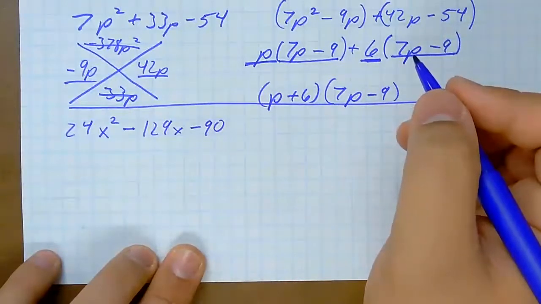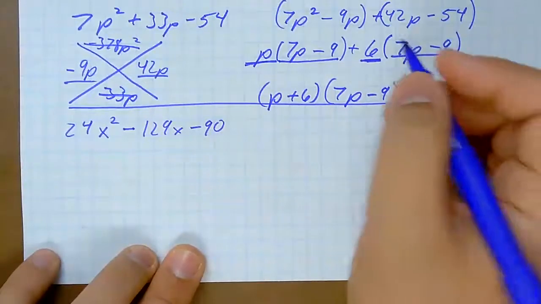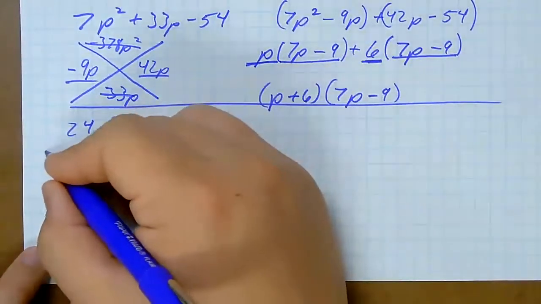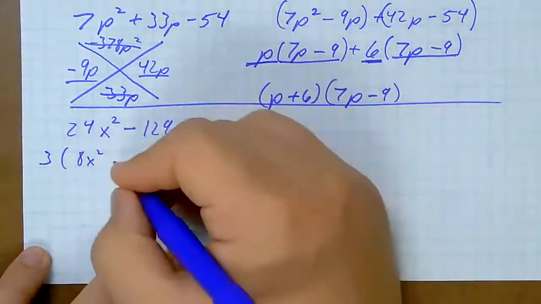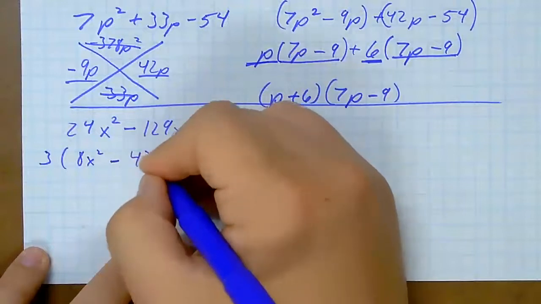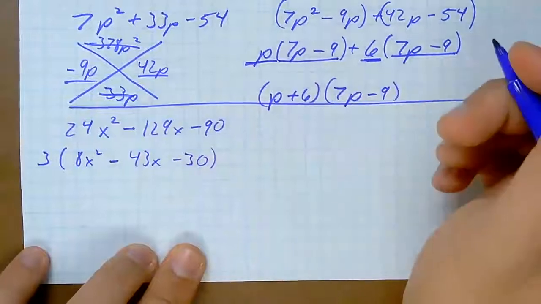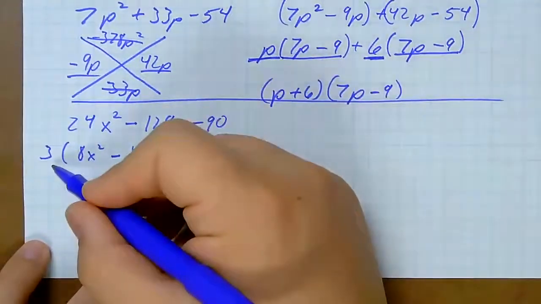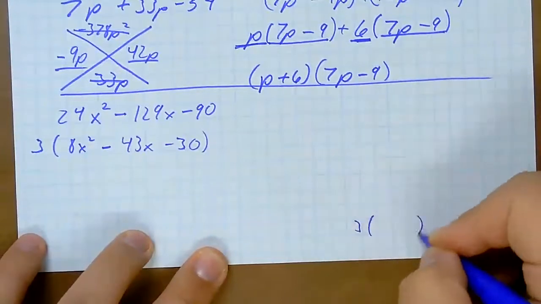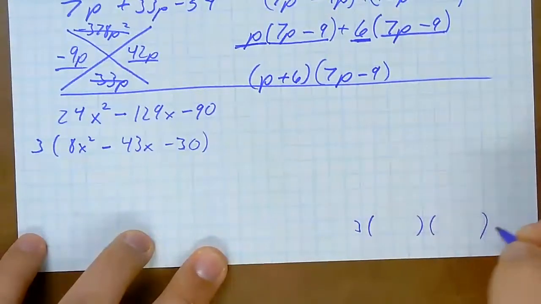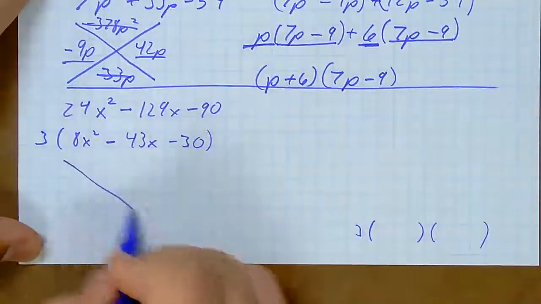Is there a GCF? Yes. 3 goes into all of these. So our GCF is 3 times 8x squared minus 43x minus 30. We're going to save that 3 until our final answer: 3 times some factor times some factor. Okay. Let's set up our diamond.